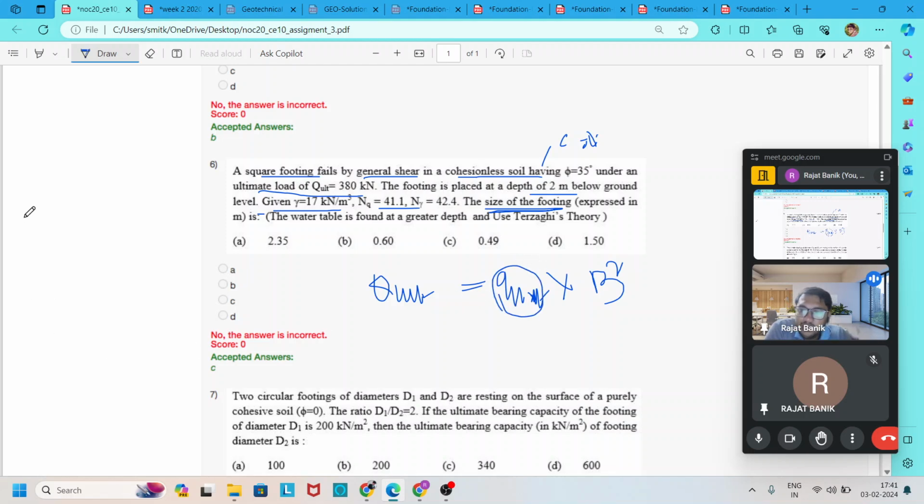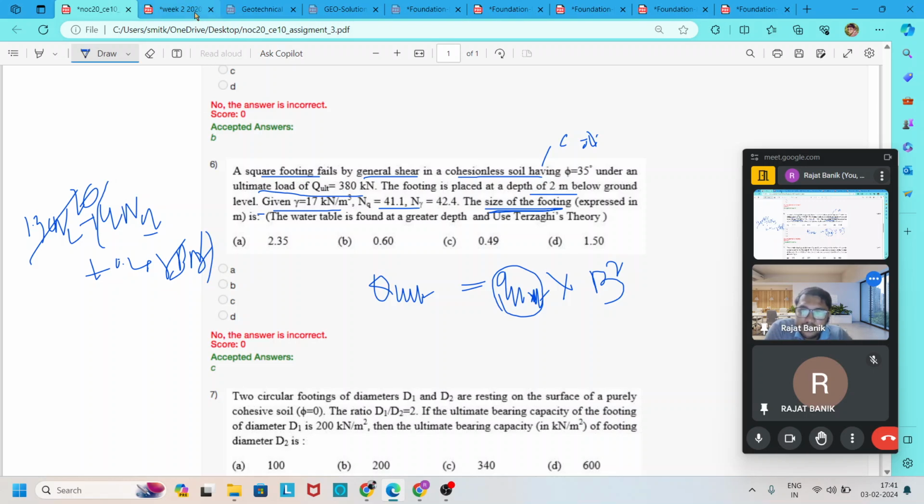So q ultimate for a square footing is 1.3 c Nc plus q Nq plus 0.4 gamma B N gamma. We know that for cohesionless soil, c is 0, so this part is 0, and the remaining part is there.